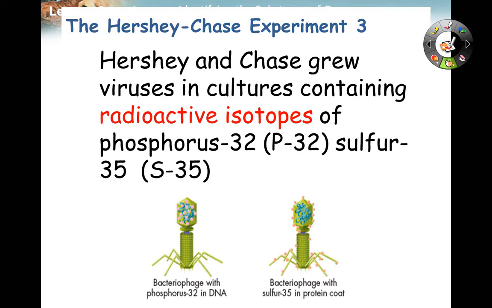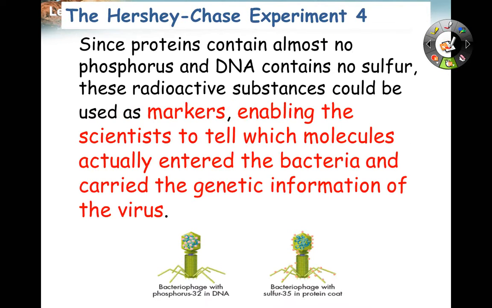These radioactive isotopes gave us the ability to look at the corresponding bacteria that came from this particular generation, and if it had phosphorus or sulfur, they could tell whether it was the outside or the inside of the bacteriophage that was injected. Since proteins contain no phosphorus and DNA contains no sulfur, we use these radioactive substances as markers to enable it.